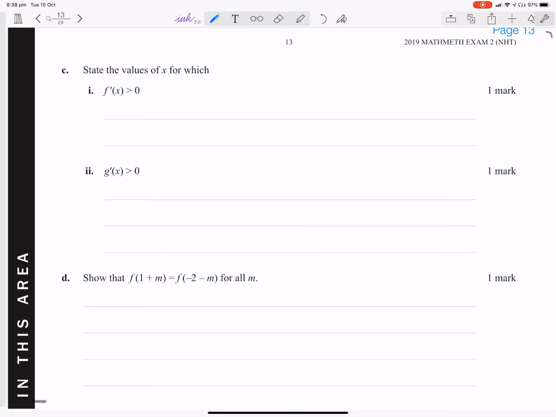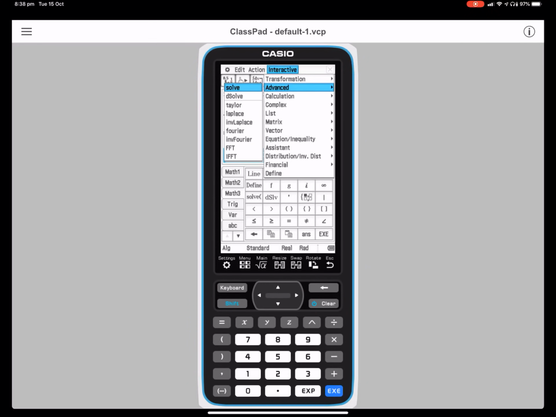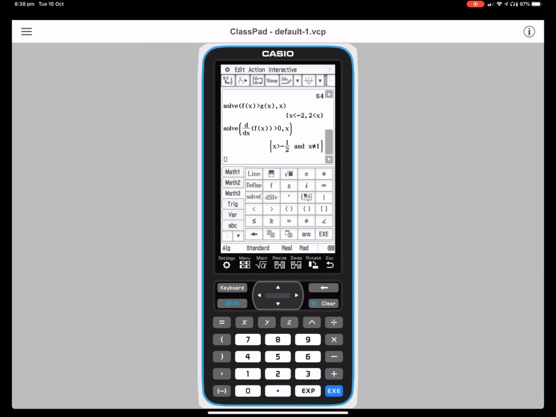Find when f dash of x has a positive gradient. So d/dx of f of x is greater than 0. Solve. x is greater than negative 1/2, but it can't equal 1.